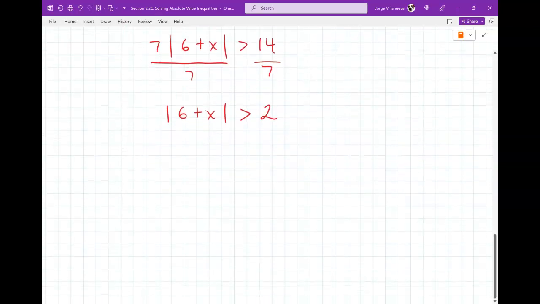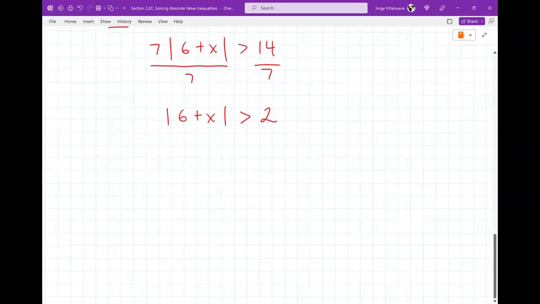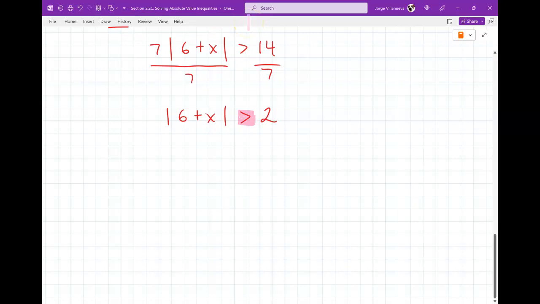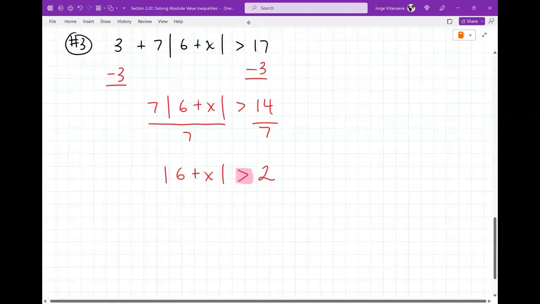Now, my absolute value is now isolated. The inequality is pointing away. So that means that because of this, this is an OR problem, which means my graph should be pointing away from each other. Okay? That's when I make the call. I don't want to do it in the very beginning. And you might say, well, if I would have done it in the very beginning, it would have not changed.